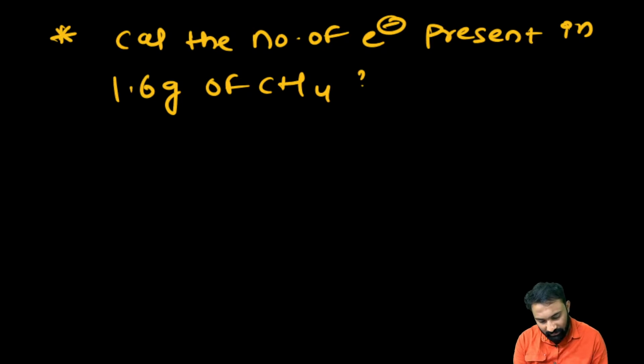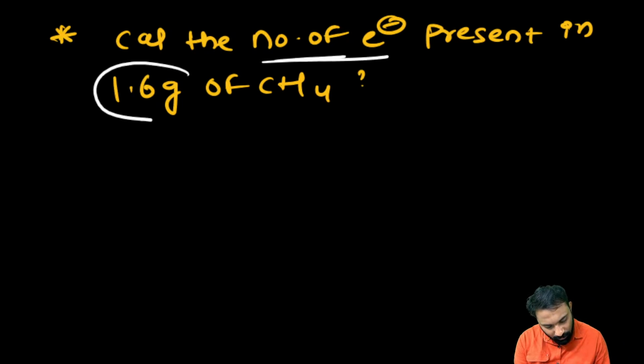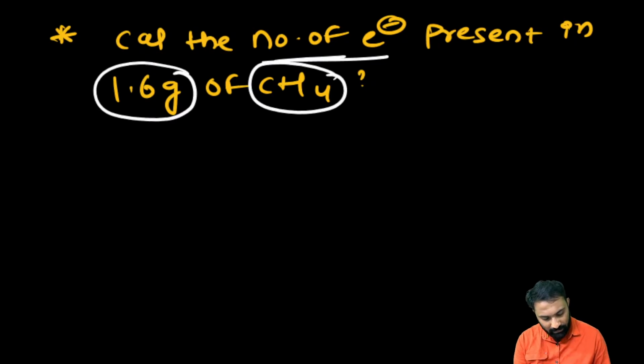Now, this question I will explain, and the remaining questions you have to try. First of all, when he is asking to calculate the number of electrons present in 1.6 gram of CH4, 1 mole contains Avogadro number of electrons, Avogadro number of protons and neutrons. Here 1.6 gram they have given.